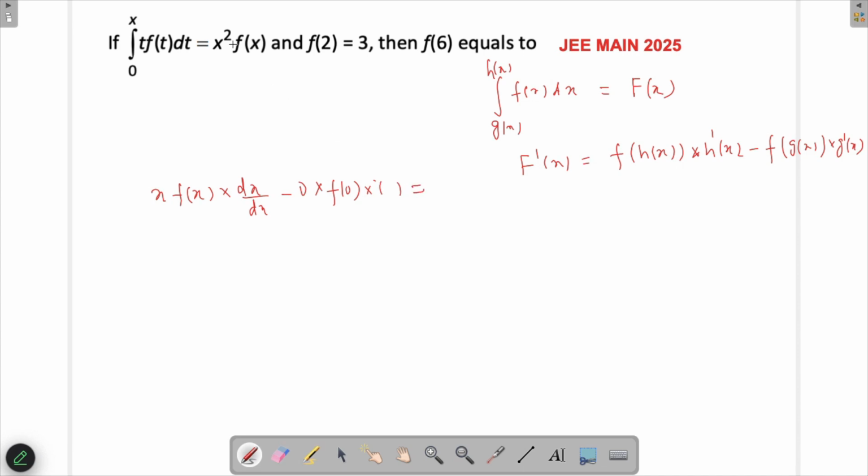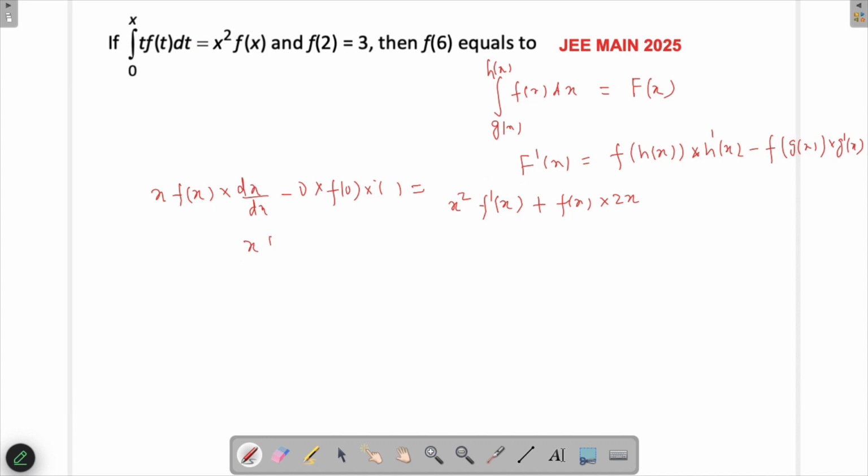And that should be equal to, if I'm differentiating this side, I have to differentiate the other side also. So this will be x square into f'(x), and then the next term is going to be f(x) into 2x. So we are differentiating using the product rule.